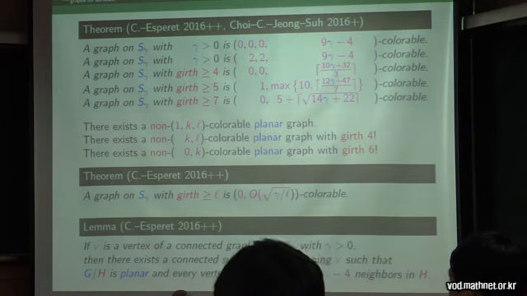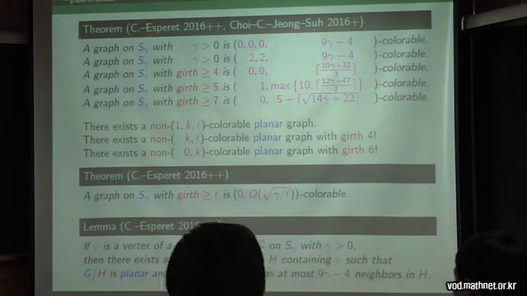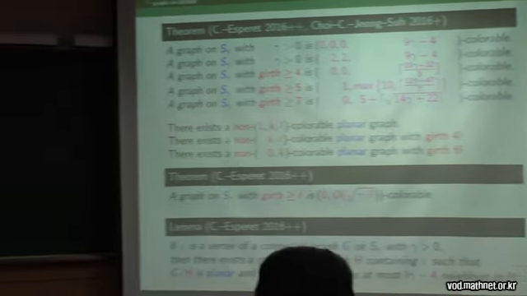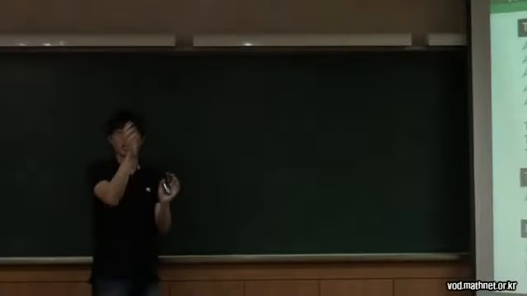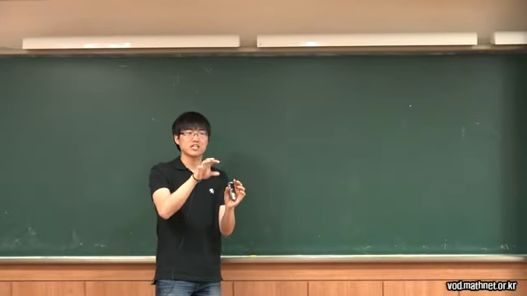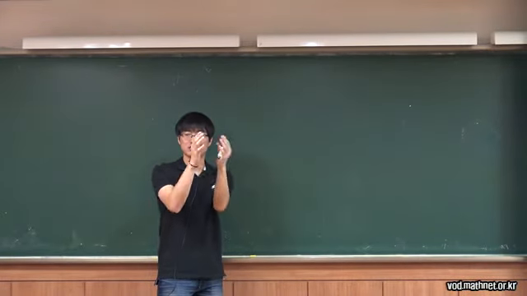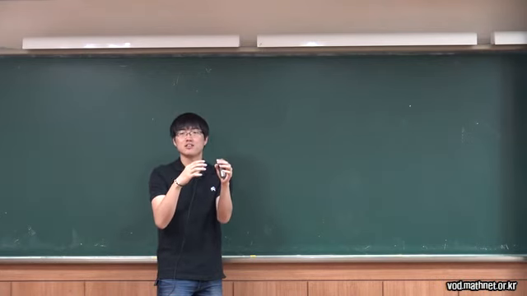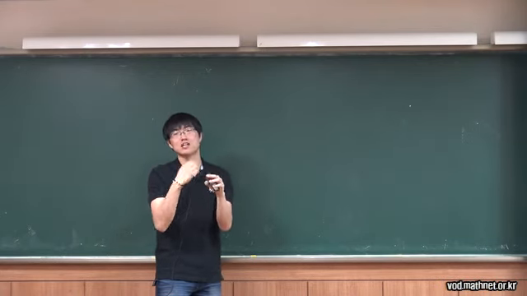It's non-contractible if the inside is not homeomorphic to a disk. If you ignore all the vertices and edges inside, you grab a cycle and everything inside you just remove, and if this is homeomorphic to a disk, then it is contractible. If it's not homeomorphic to a disk, it's non-contractible.